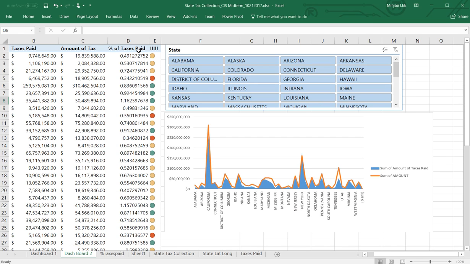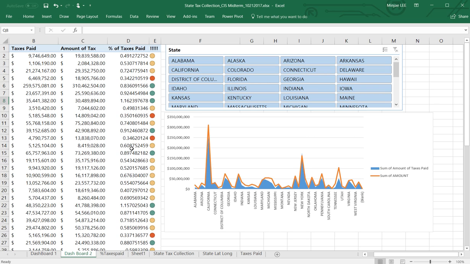And if you go to dashboard 2, there is a percentage of taxes paid out of the taxes to be collected. So I set it up so that if they actually collect the money out of the to-be-collected amount, and it is under 40%, I marked it as red. And if it is over 40 but less than 80, it is yellow.